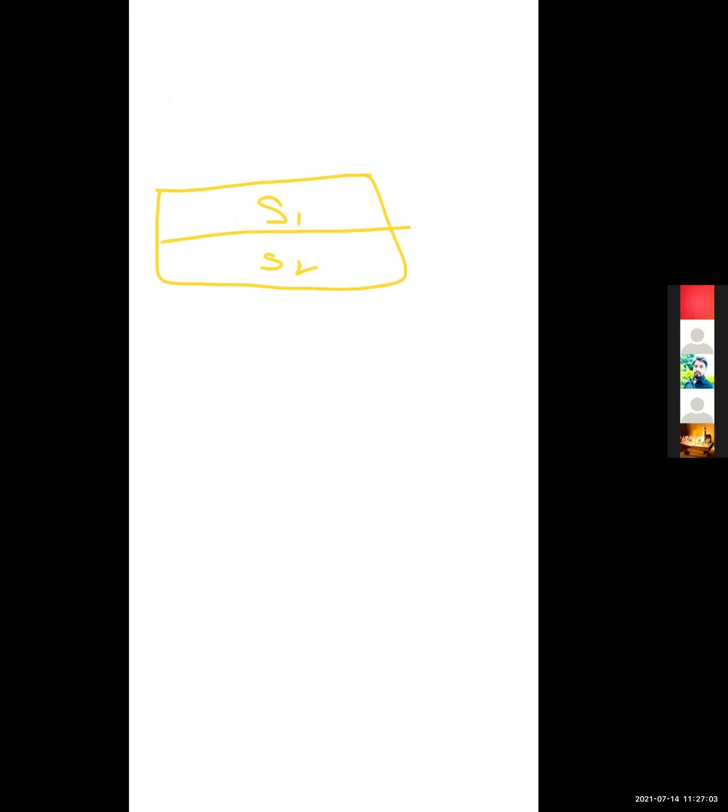If the water table is available above this zone at height HW, this is the A layer, this is the B layer, and this is the CC layer. So what is the effect on layers A, B, and C?